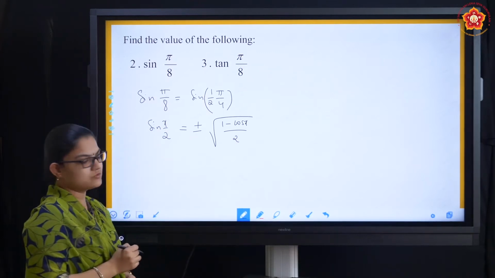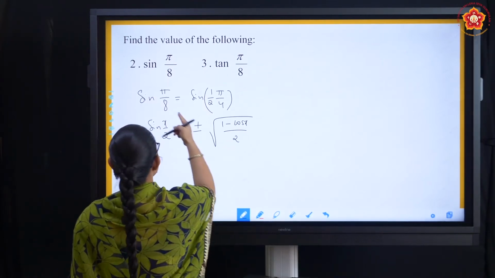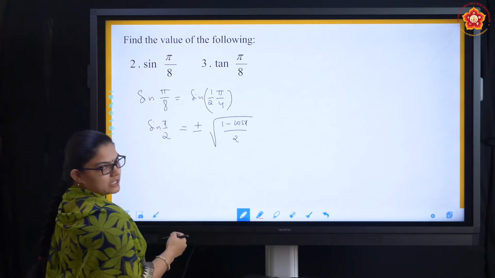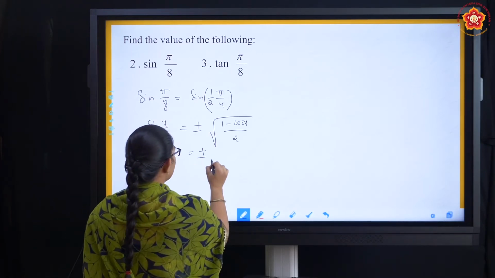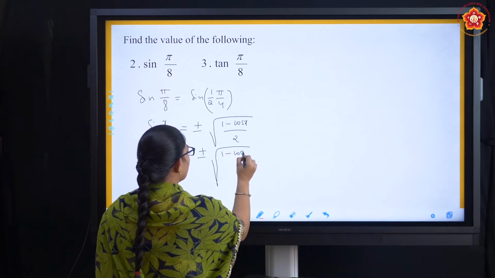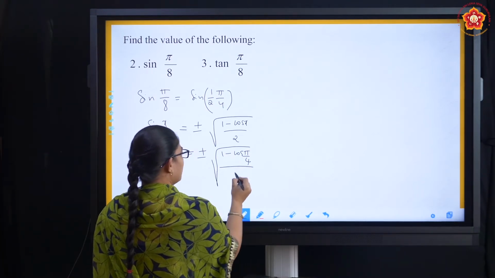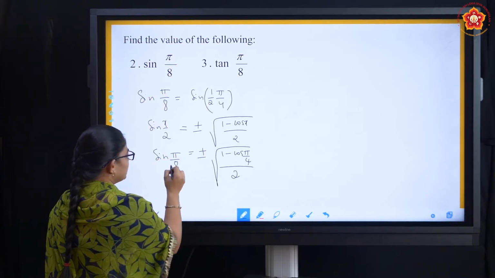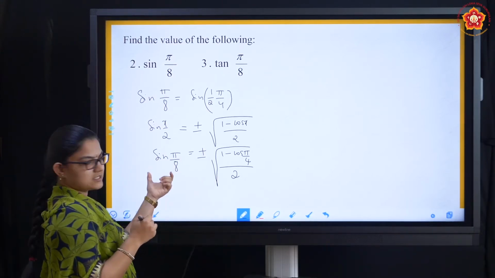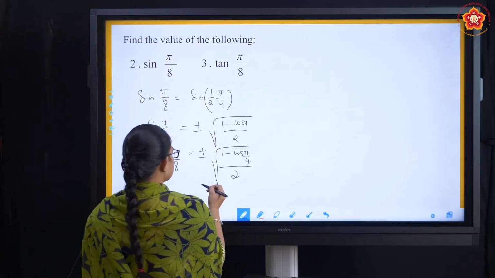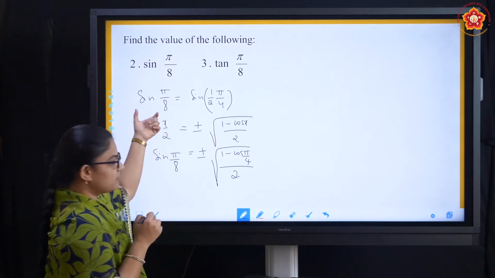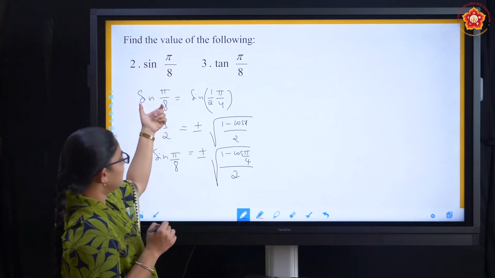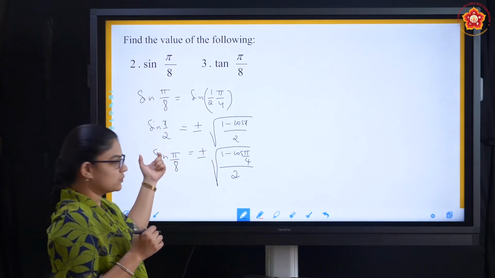This is the formula which we are going to use, where x is here pi by 4 and x by 2 is pi by 8. Now that is plus or minus square root of (1 minus cos pi by 4) by 2. Here pi by 4 is a first quadrant angle, 45 degrees, and its half, that is pi by 8, also will be in the first quadrant.